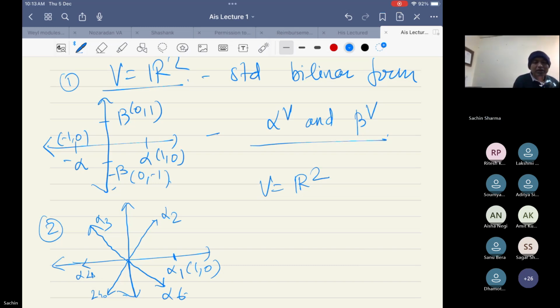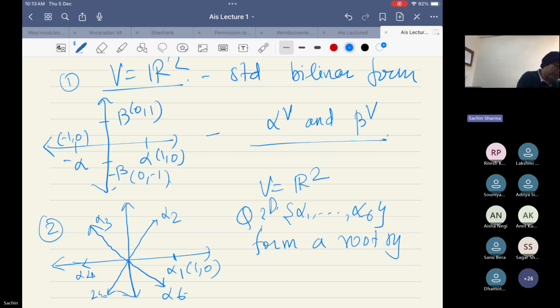Now the question: does anybody know this? Would anyone like to answer? Is it a root system?